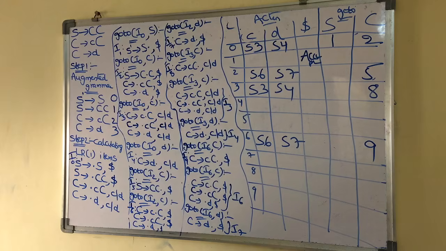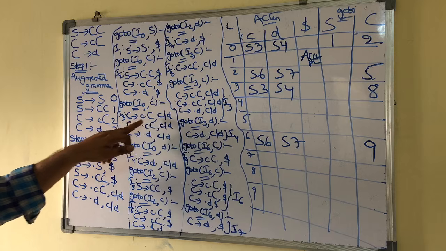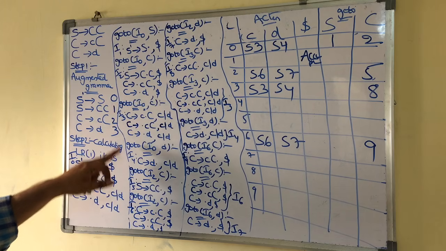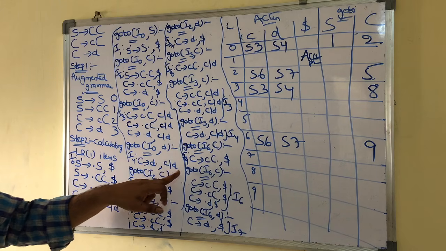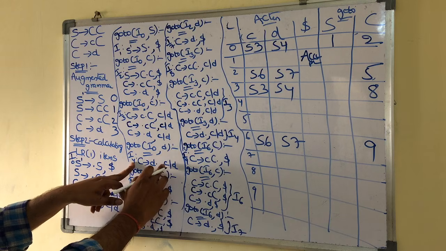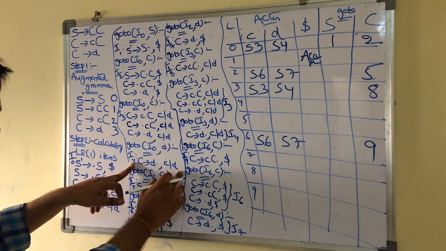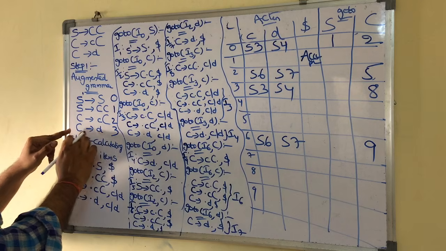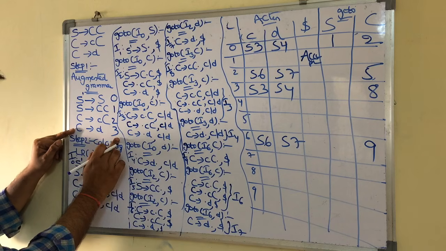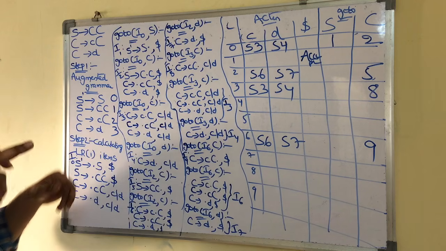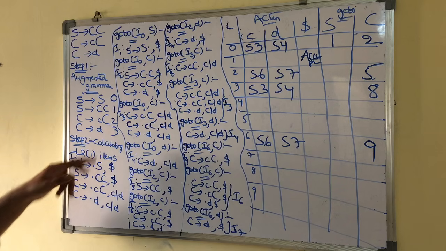Next, if we consider I2, there are no final items. If we consider I3 also, no final items. If we consider I4, we have a final item. So for 4, what is the lookahead part? C produces d is production number 3. So R3, because we need to perform a reduce operation here.